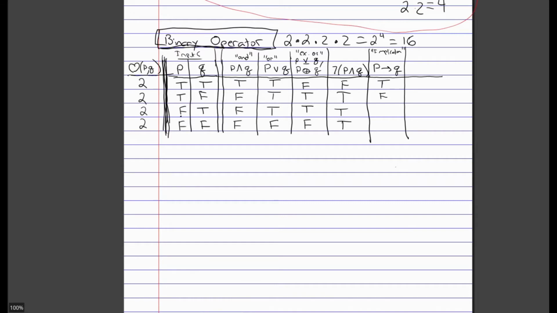We say that if we start with a false input P, then the implication will be true regardless. So this will be true whenever you start with a false starting value or starting statement.